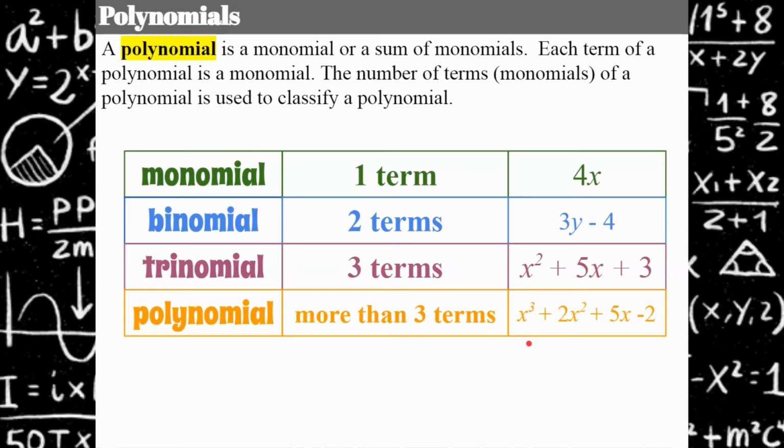And you could keep on going. Some people, mathematicians, have gotten very specific, but typically the ones you hear, monomial, binomial, trinomial, and then everything else is considered a polynomial. Keeping in mind, these are also polynomials. So to call all of these a polynomial is correct, but we can classify it by its number of terms.